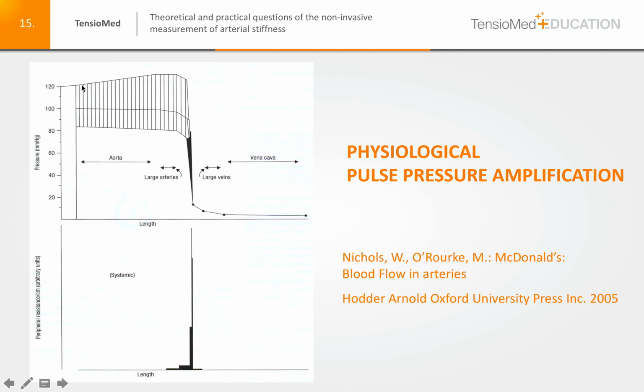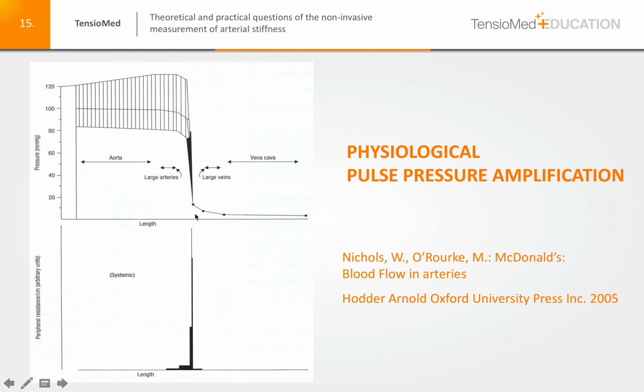However, the systolic blood pressure tends to increase as we go from the aorta to the peripheral arteries. The sharpest drop can be seen at the arteriolar level, where the peripheral vascular resistance shows a needle.